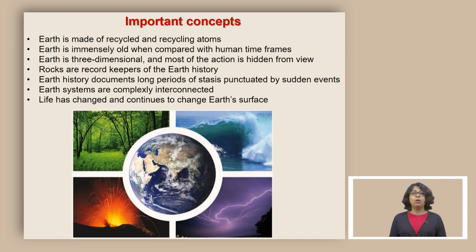In certain ways, we are made up of parts of the stars which were developed a long time ago. The second is that earth is immensely old when compared to the human time frame. This is also a very important concept to keep in mind.